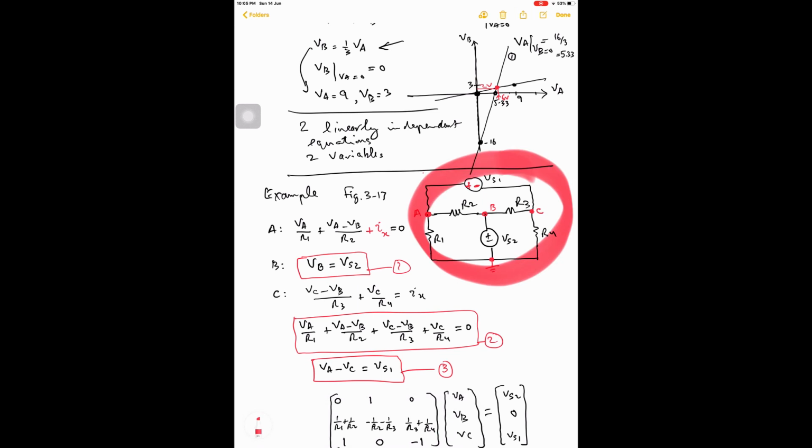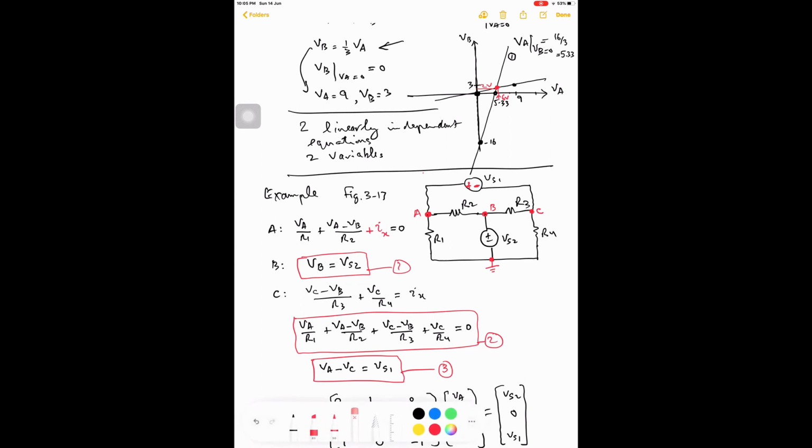In this circuit, there is a voltage source which appears between two non-ground or non-reference nodes. Node A is not a reference node, node C is not a reference node, and a voltage source appears between two non-reference or non-ground nodes.